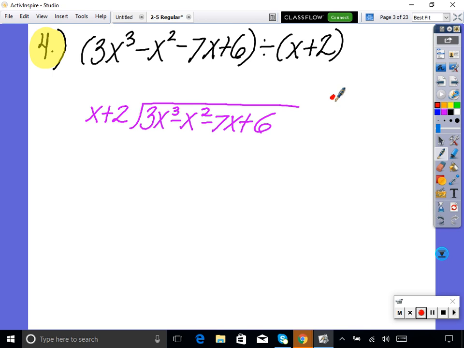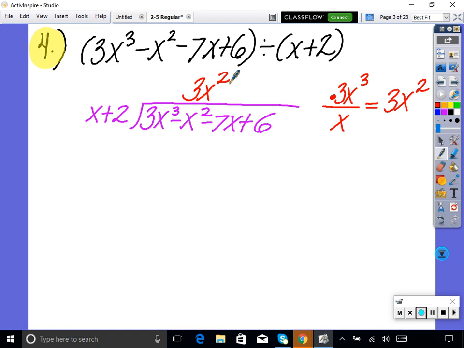I'm going to go off and do my little bullet point. 3x cubed divided by x is, okay, 3x squared. That's going to be part of my answer then. That goes on top. I'm going to line it up with my x squared just to make my work nice and pretty.